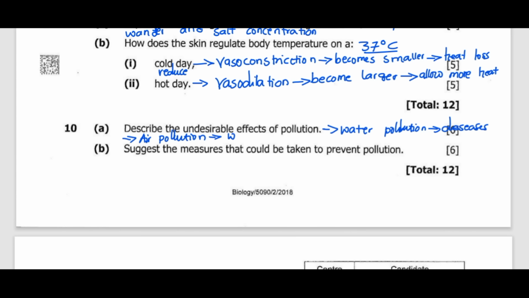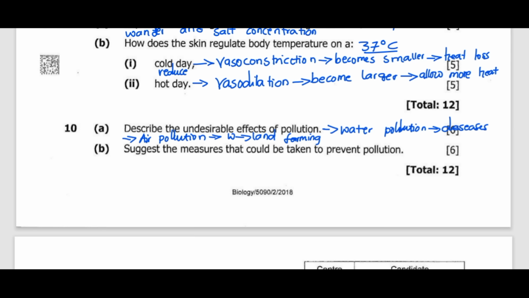Then if you look at land, the undesirable effect of land. If we contaminate land, the negative effect may cause activities such as farming to go down. And we know that without farming, we are not going to have food production.